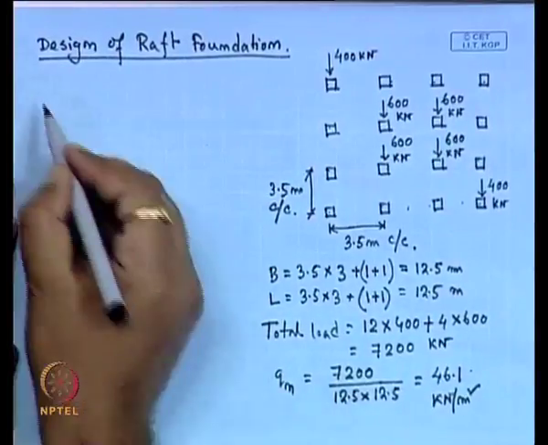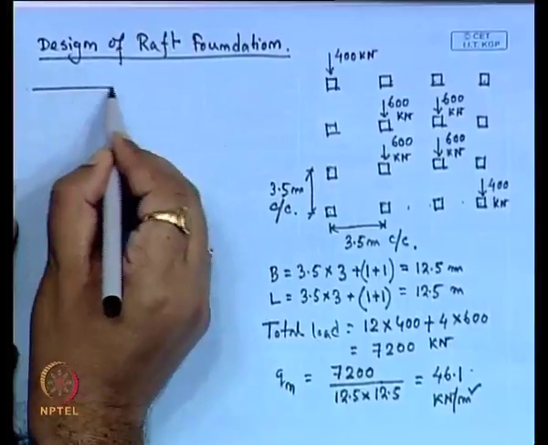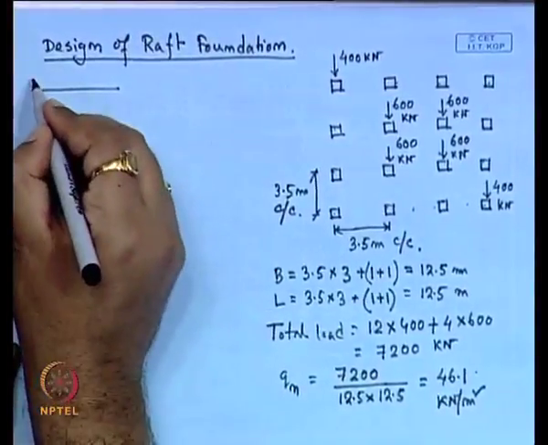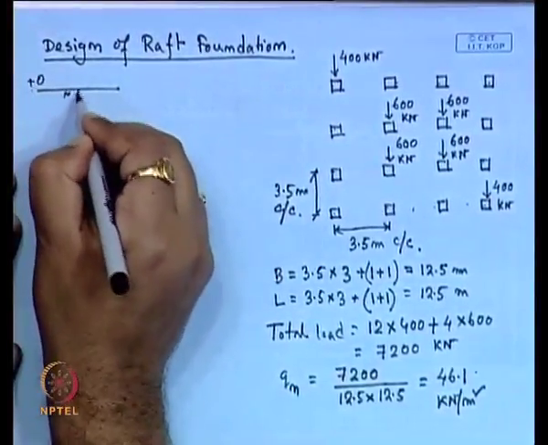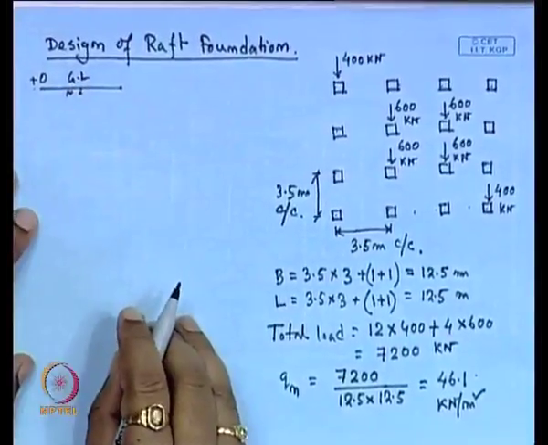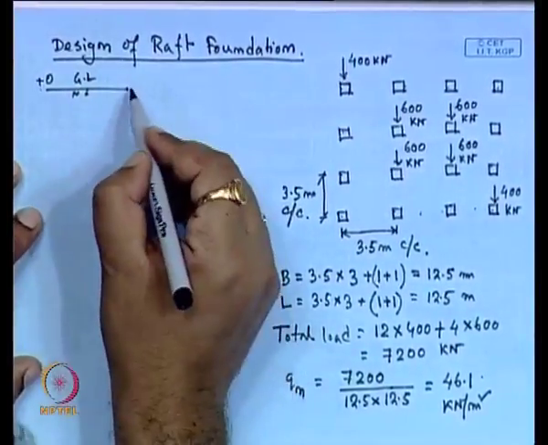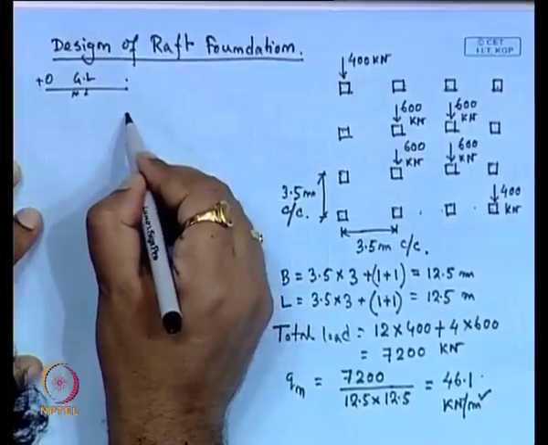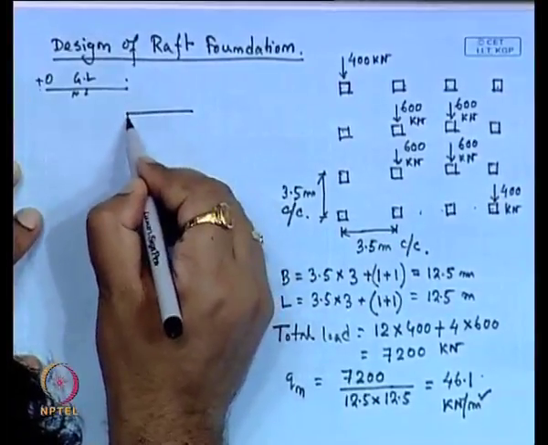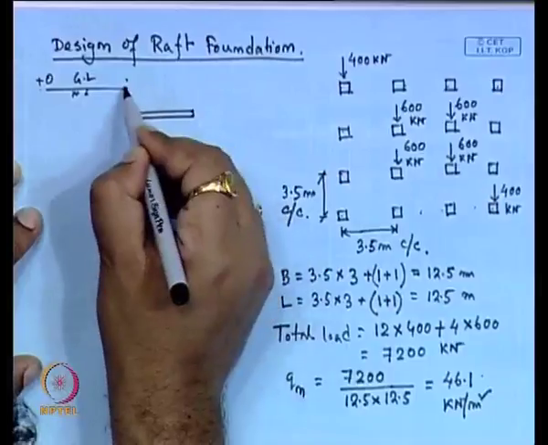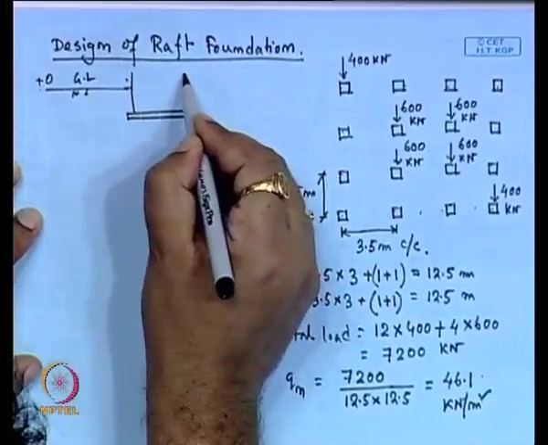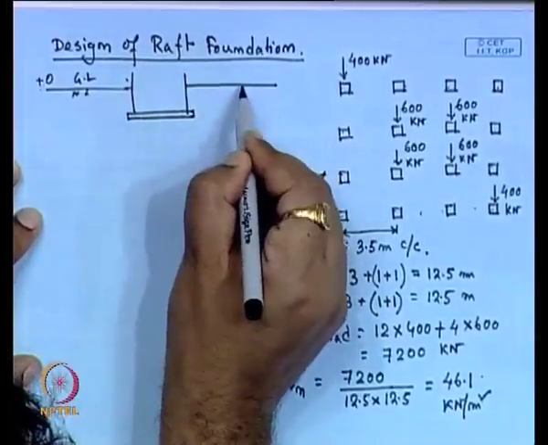Now, the soil condition. Suppose this is the 0 line, the plus 0 or ground line. So, this is the raft dimension that we are taking. This is the raft, this is the total area.